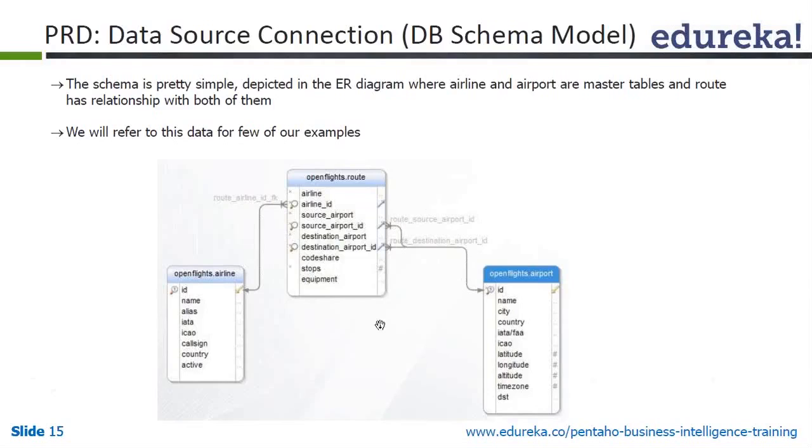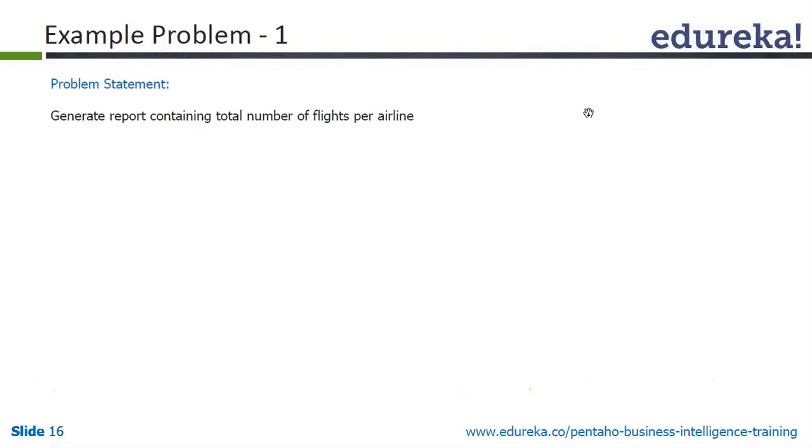So this is the schema. We have a central table route, which is connecting airlines as well as airports. Now here is the problem statement. You understood the data. There are only 3 tables.